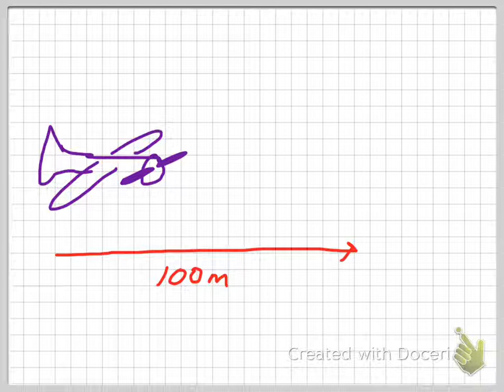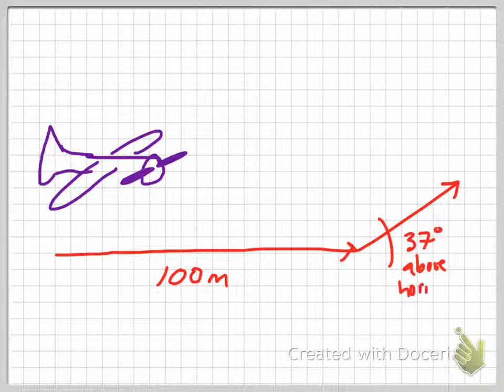Fantastic. Only in a physics problem. And then it takes off at an angle of, let's see, 37 degrees above the horizon. You'll sometimes see that given as above the horizontal.